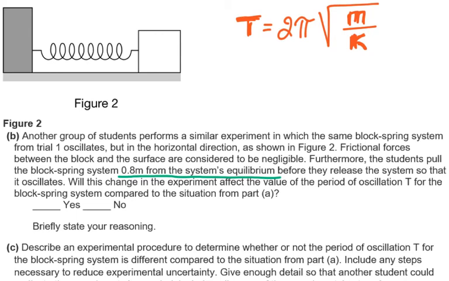Because nothing changed in the formula, that means that the period of your oscillation does not depend on the changes that were made, and it only depends on the mass and the k constant, and 2 pi is already a constant. So the answer would be no.